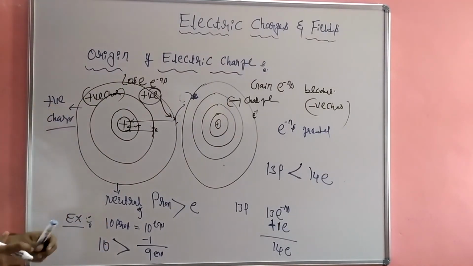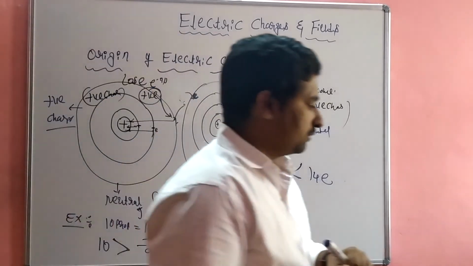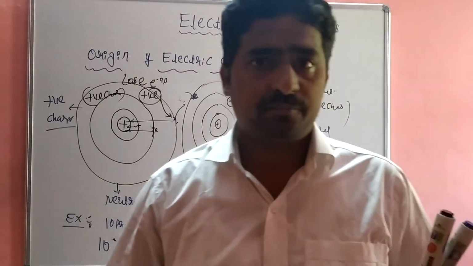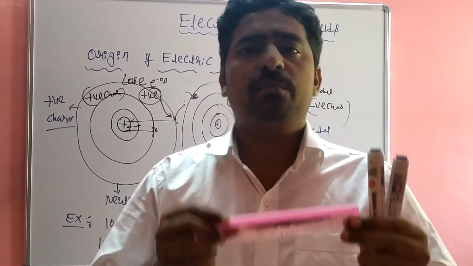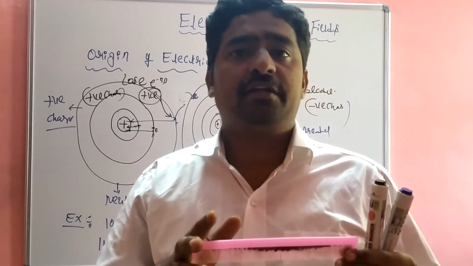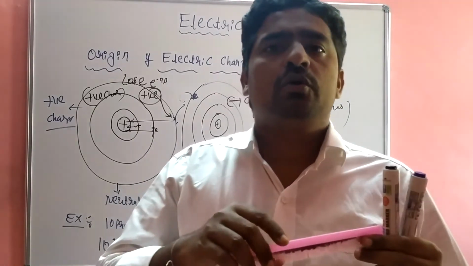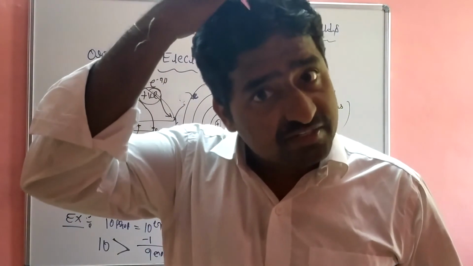This happens in our day-to-day life. So this is the plastic cup. This plastic cup has its own property: to gain the electron when it is rubbed with dry hair.